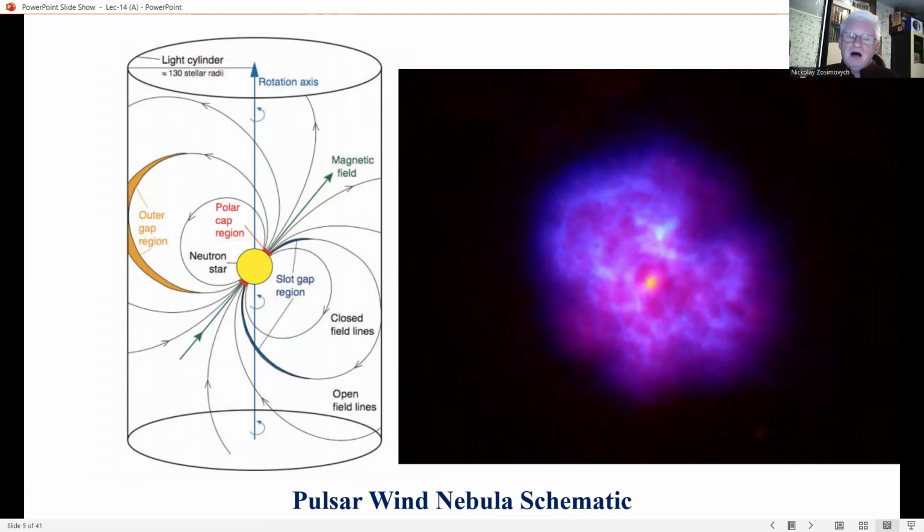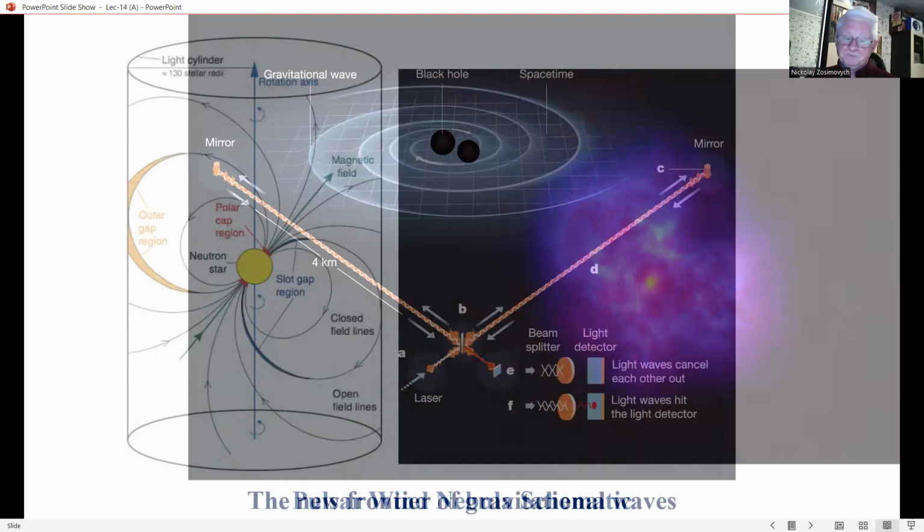Dozens of pulsars have been found in binary systems, and those objects allow astronomers to estimate the masses of the neutron stars. Such masses are consistent with the predicted masses of neutron stars.